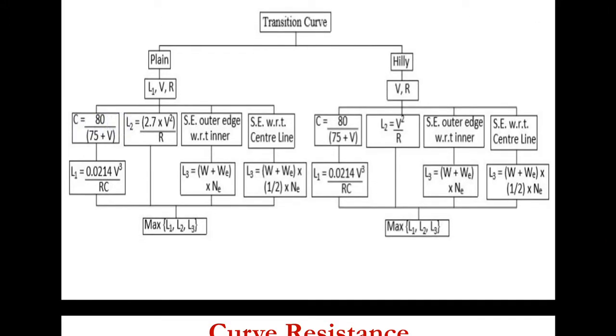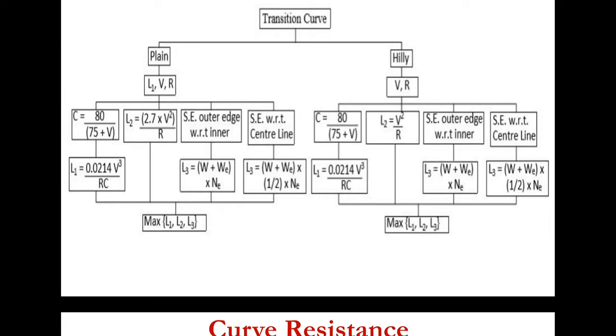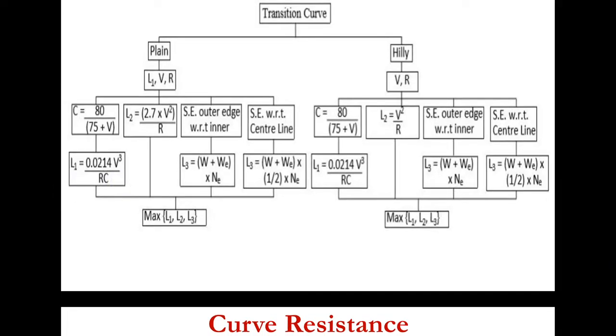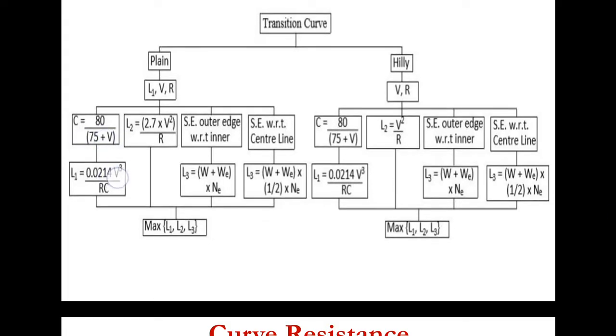After we find the value of C, we can find the transition curve length, that is L1 = 0.0214 V^3/(RC). Here C is the rate of centrifugal acceleration that we found, V is velocity in kmph, and R is the radius of curve in meters. So this is the first criteria.